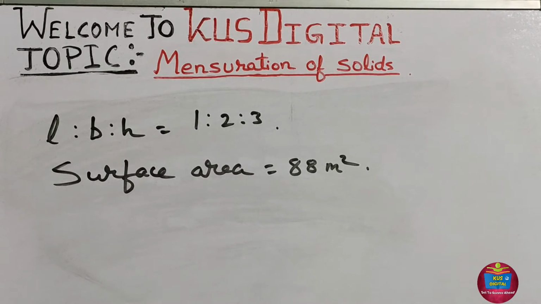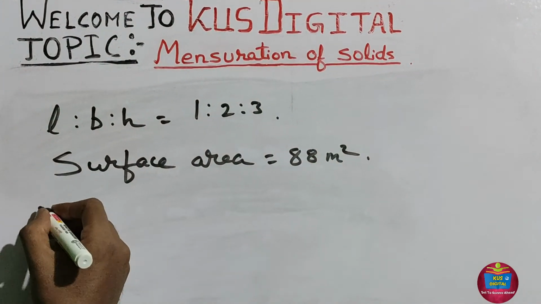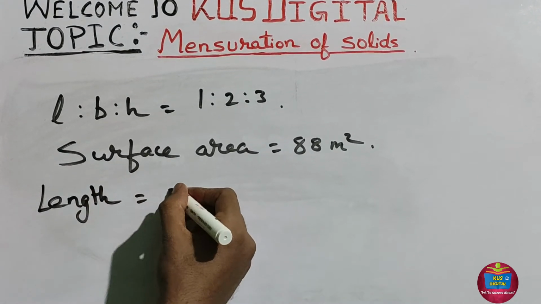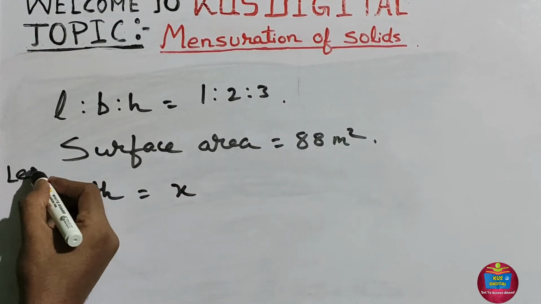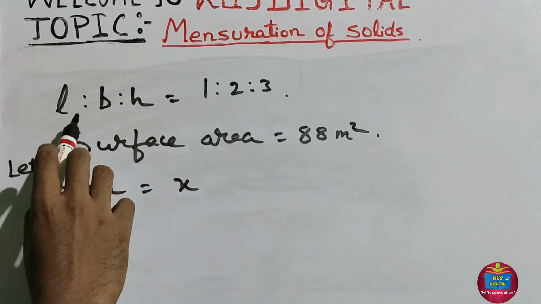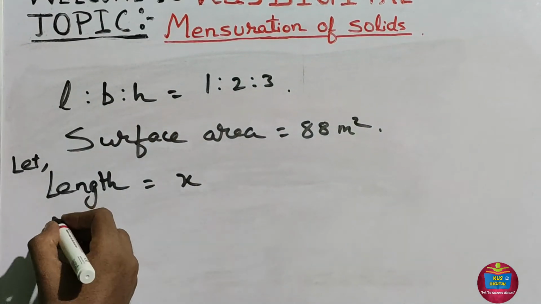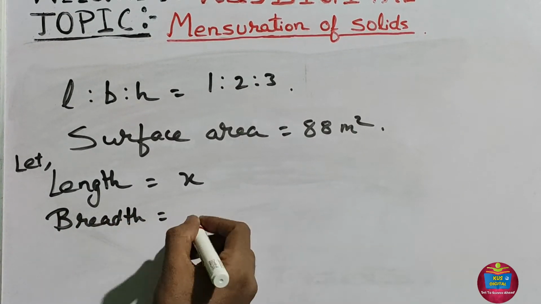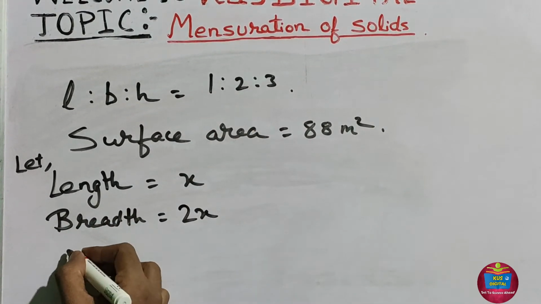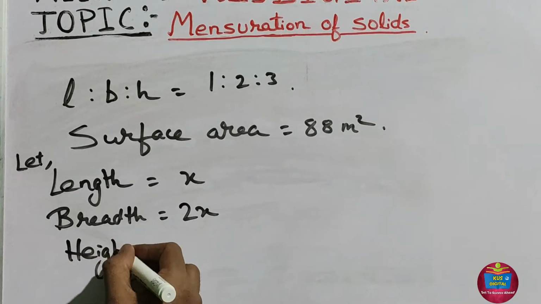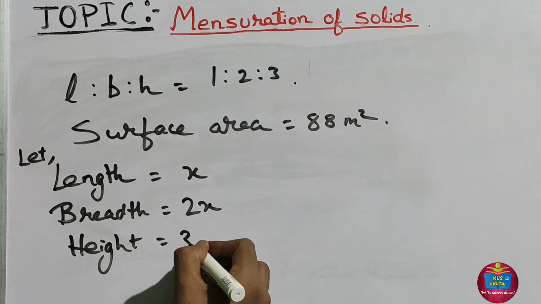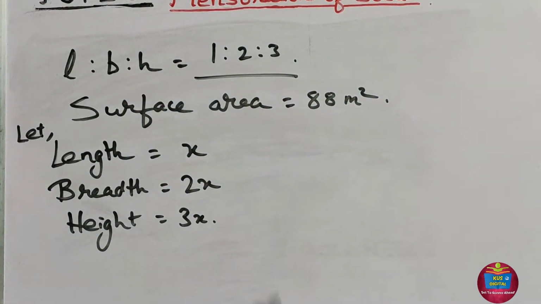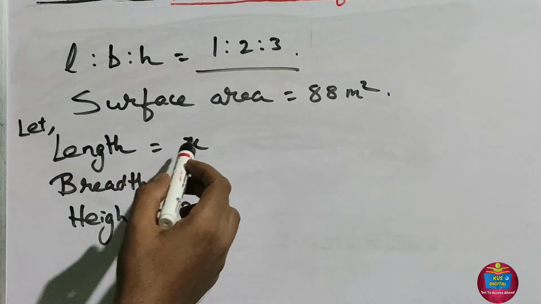So first of all, let's assume length is x. Then what will be breadth? Breadth will be 2x and height will be 3x, because they are in ratio 1:2:3, so let the common factor be x.